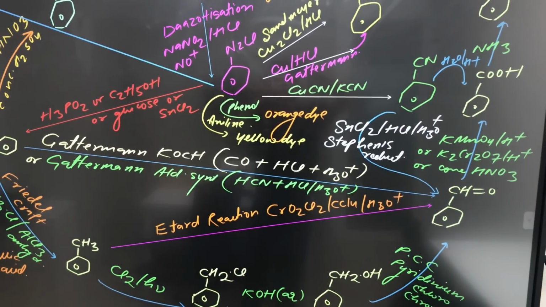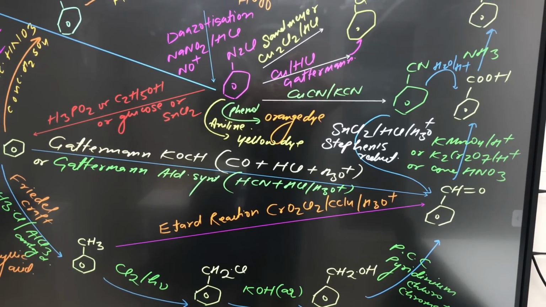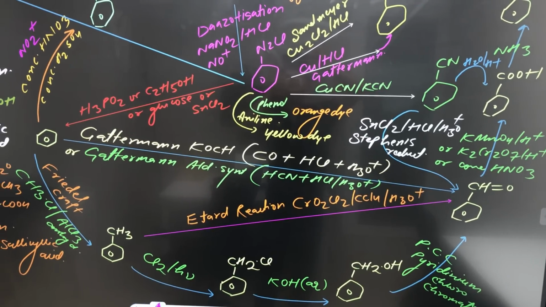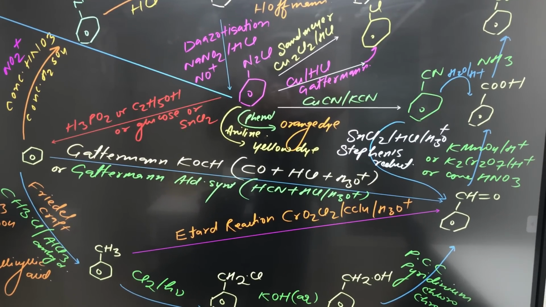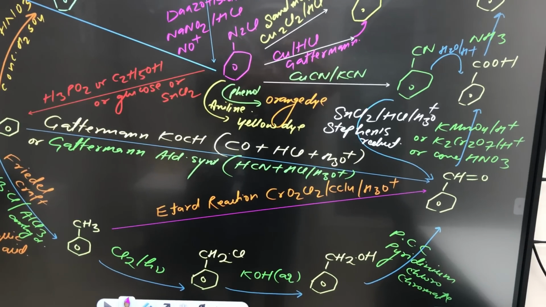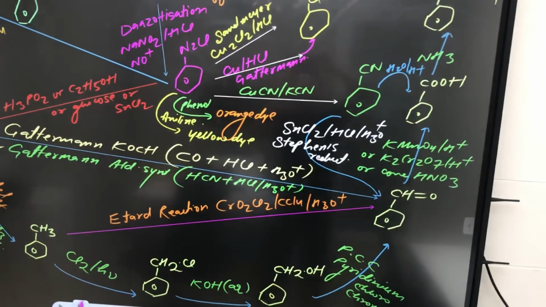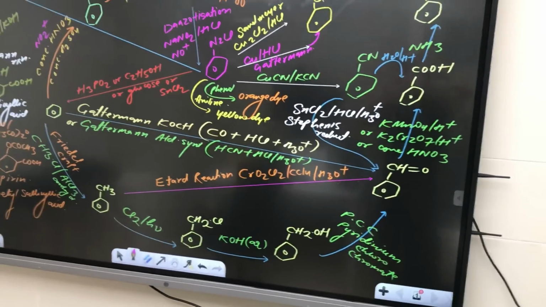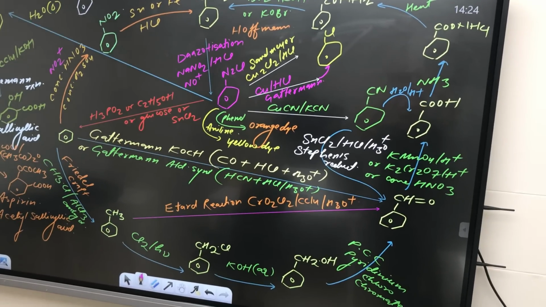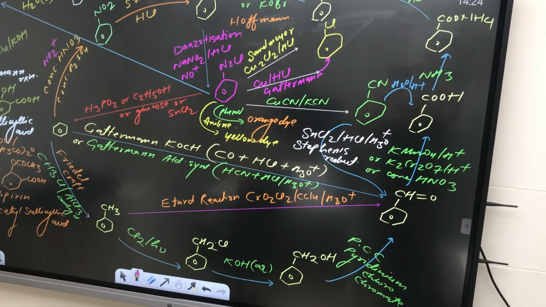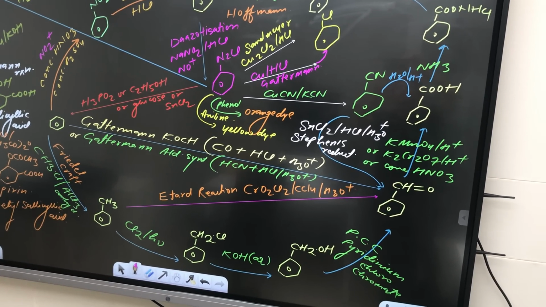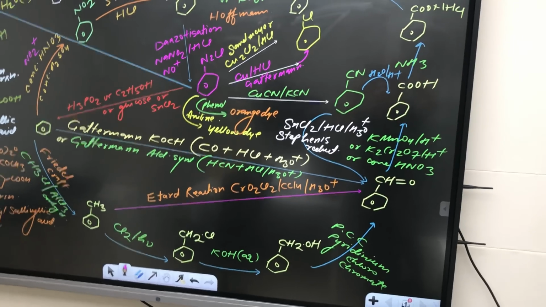Are you getting my point? In both cases, you are going to get benzaldehyde in a single step from benzene. And if you want to convert toluene to benzaldehyde, what are you supposed to do? Yes, toluene to benzaldehyde is the Etard reaction, CrO2Cl2.